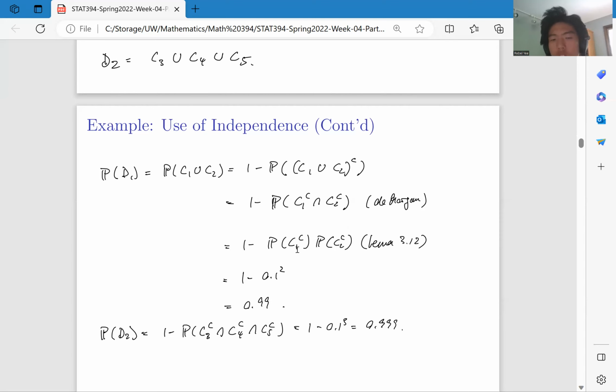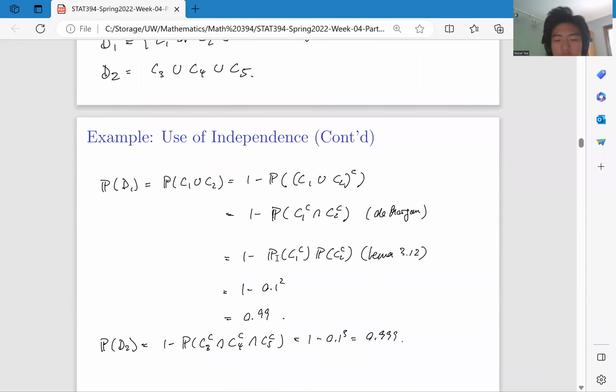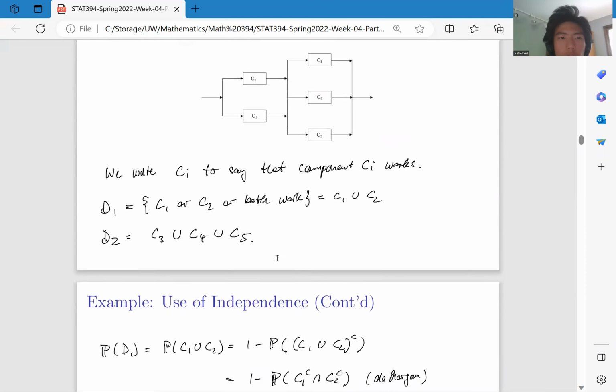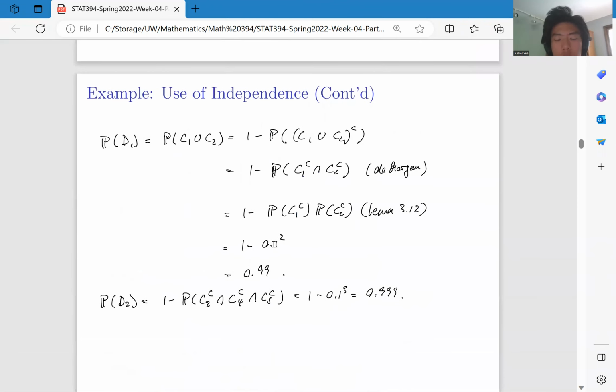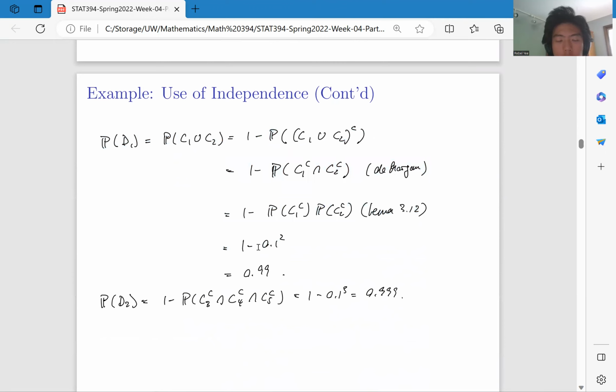And because the probability that C1 works is 90%, the probability of C1 complement is 1 minus 90%, which is 10%. So it's 0.1. So we get 0.99, because it's 1 minus 0.1 squared, which is 0.99.